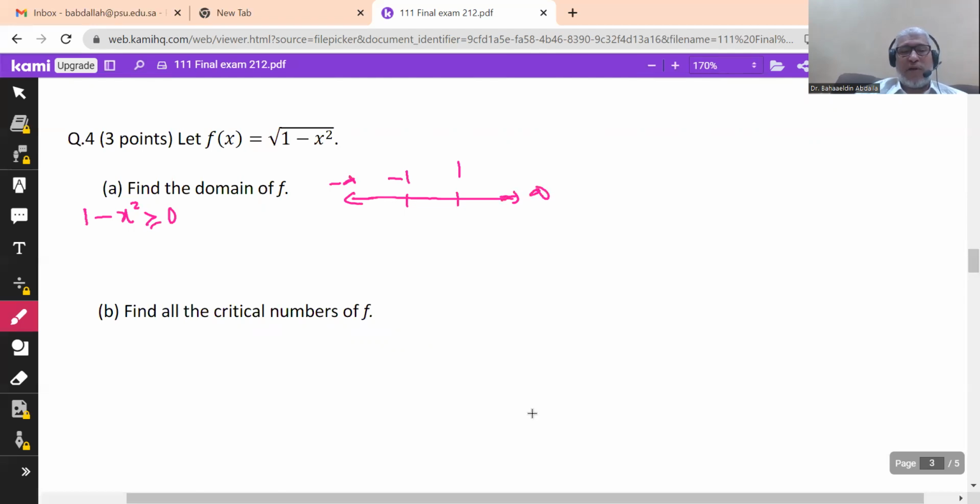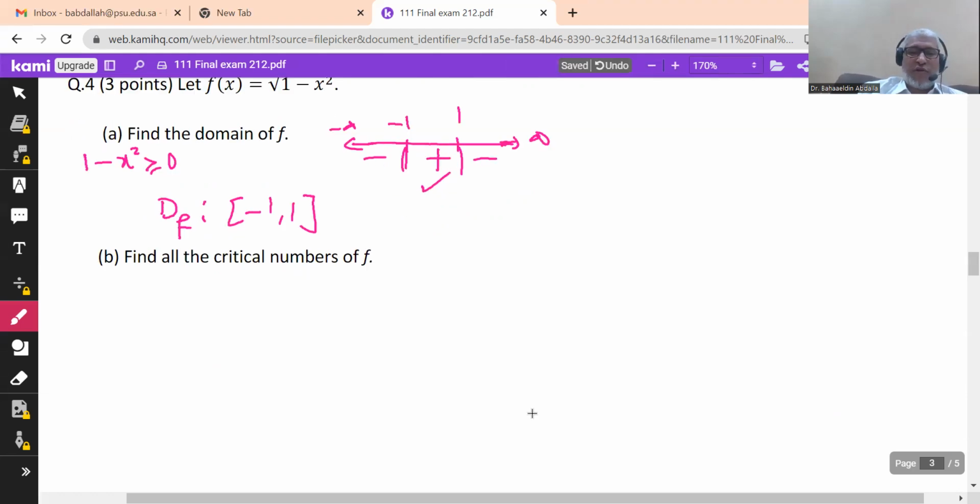If I replace x by 0, 1 minus 0 is 1, so here it's positive, while 2 will make it negative, and negative 2 will make it 1 minus 4, negative. So I need it to be positive, so that's the answer. The domain of this function is from negative 1 to 1.